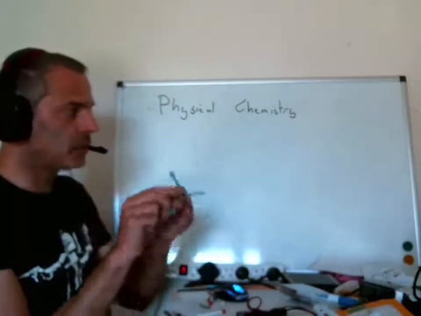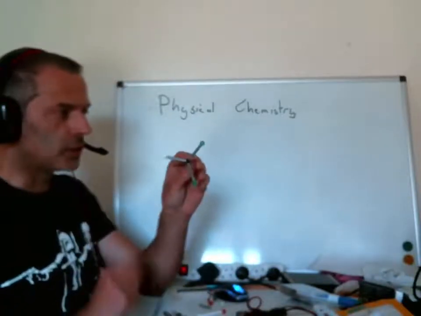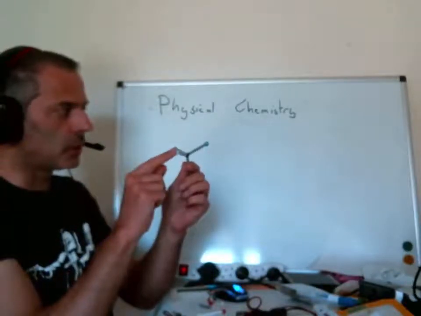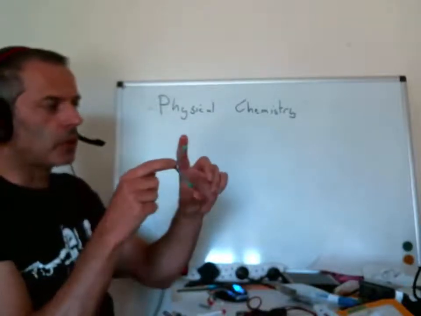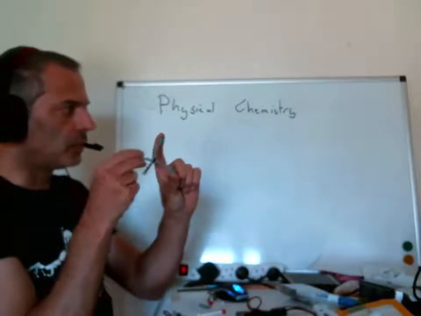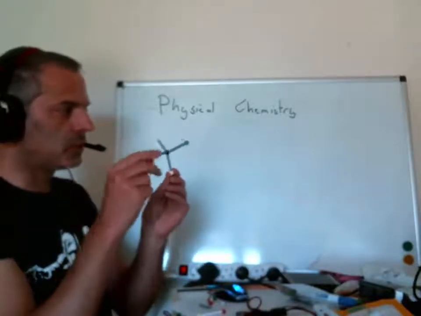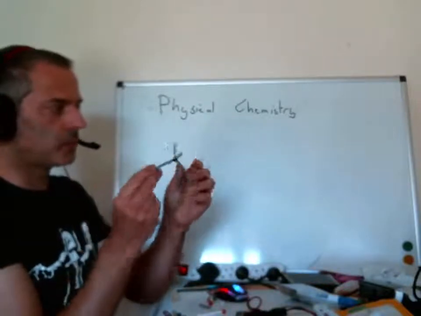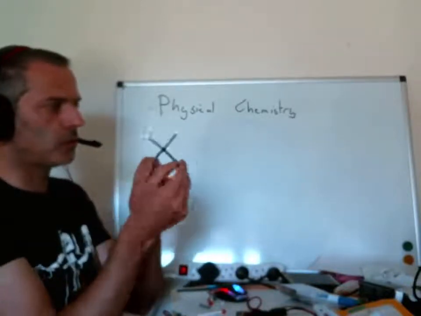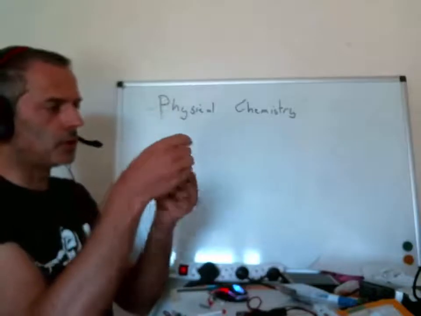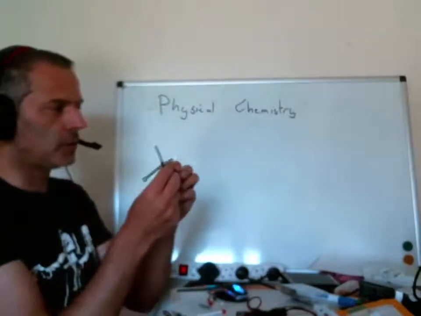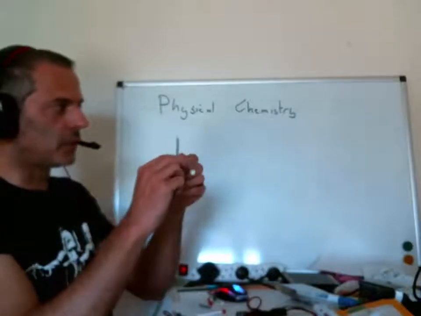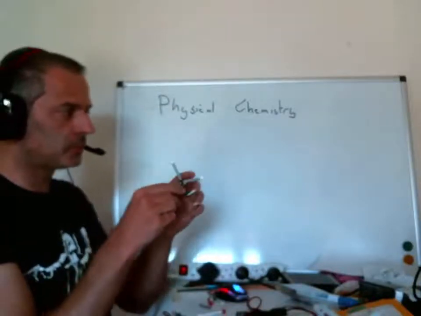If we take another molecule like this, this is dichloromethane, so these two are chlorines and these two are hydrogens. And we can see that this molecule can rotate, but it can rotate in two different directions. This direction where the two hydrogens stay on the same side, and this direction where they don't, where they change sides.